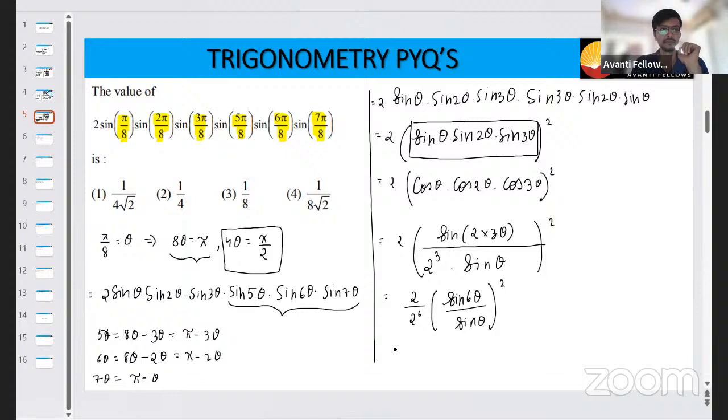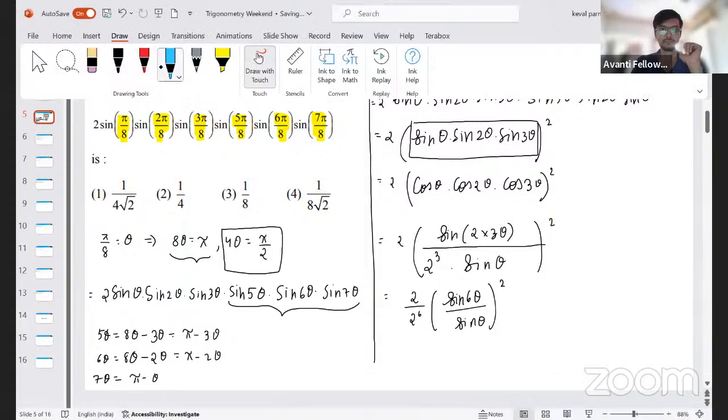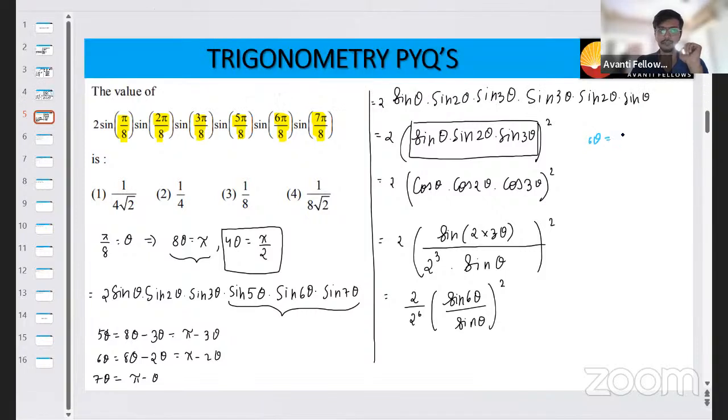So what is 6 theta? Is 6 pi by 8. So let me write it here. Six theta is 6 pi by 8, which is 3 pi by 4. And theta is just pi by 8.